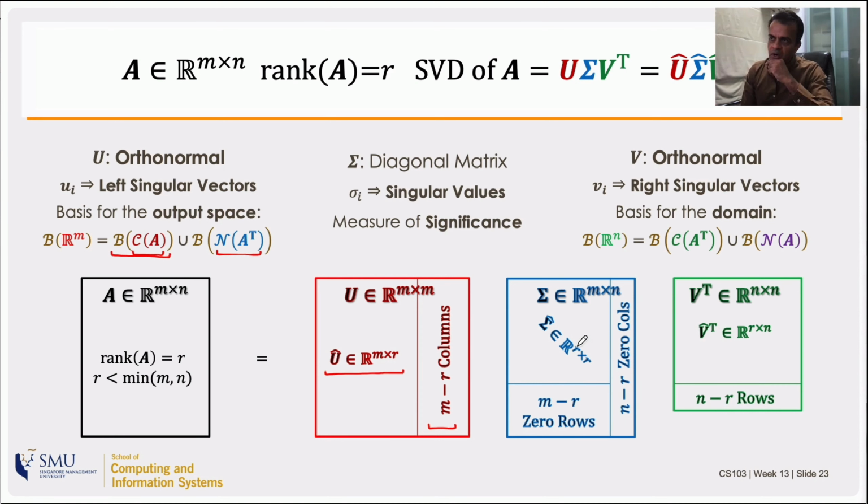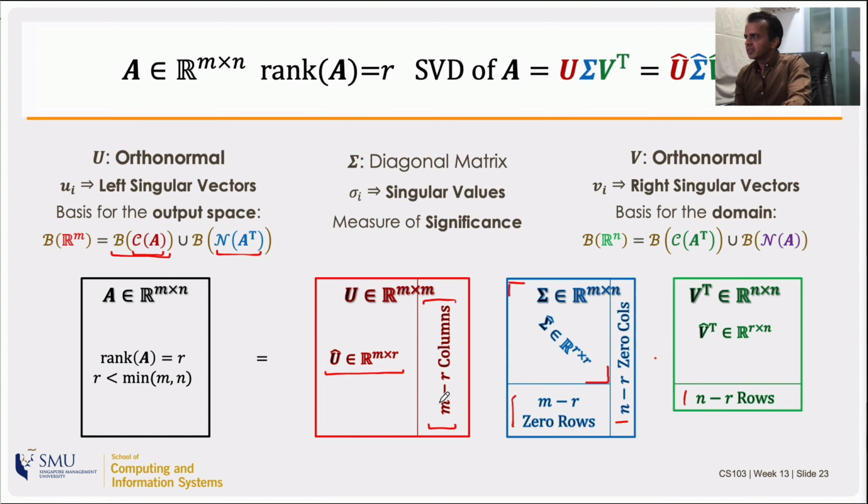So V transpose is also n by n, and in V transpose the first r rows are the basis for the row space, and the next n minus r rows are the basis for the null space. Now if you look at it once more, you can see that the scaling factors are non-zero only in this region. So when you multiply, the bottom n minus r rows are multiplied by zeros, so that will not give you anything. Similarly, the last m minus r columns here are multiplied by the zeros, so that also will not give you anything.